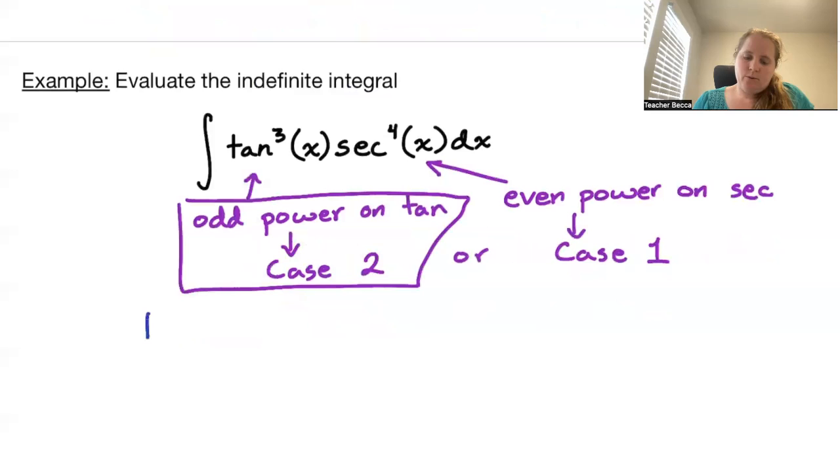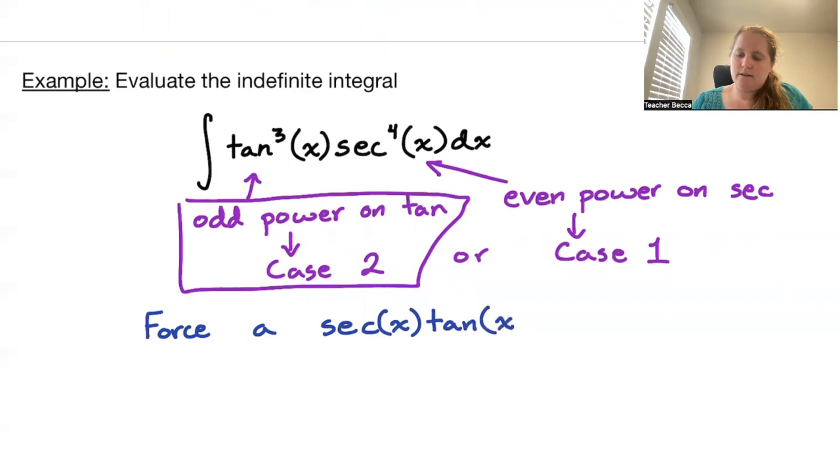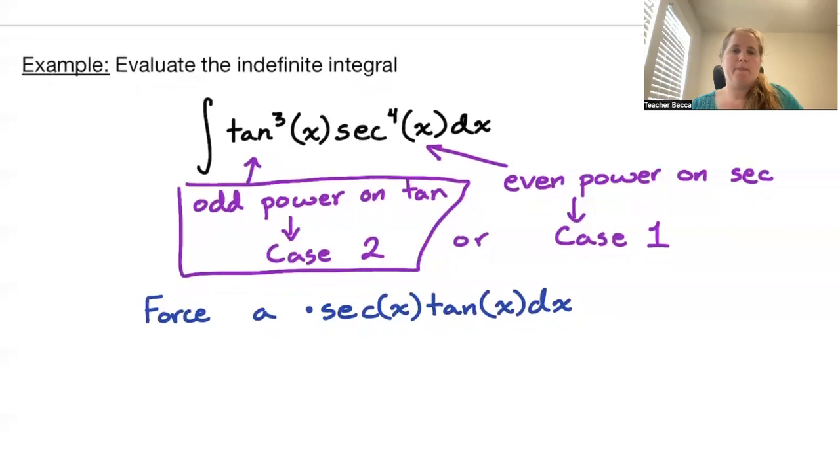So we are going to force secant x tan x dx on the end for our u substitution.